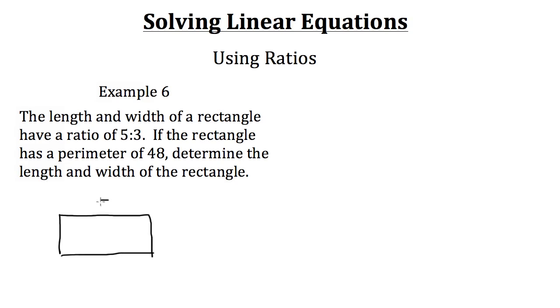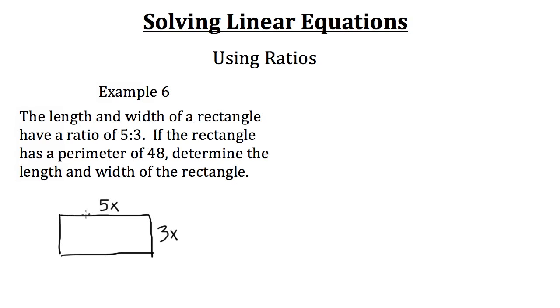So our length is going to have a ratio of 5, and our width is going to have a ratio of 3. So we're not exactly sure what the length and width are, we just know that they have this proportionality of 5 to 3. So now it also tells us if the rectangle has a perimeter of 48, determine the length and width of the rectangle.